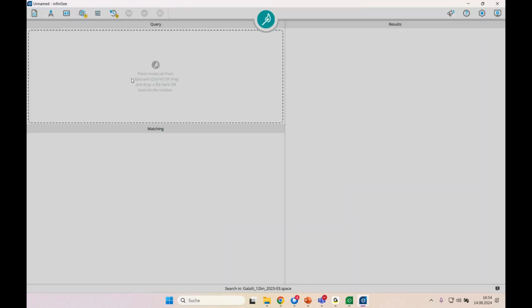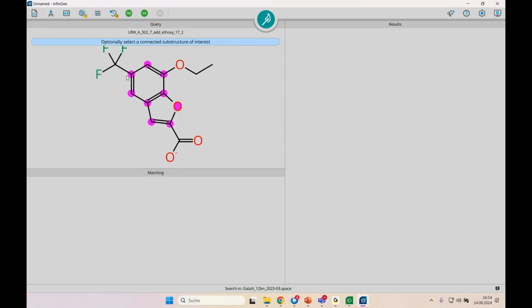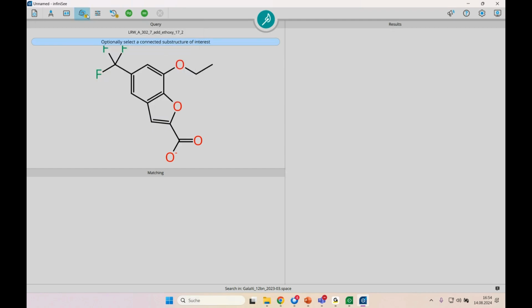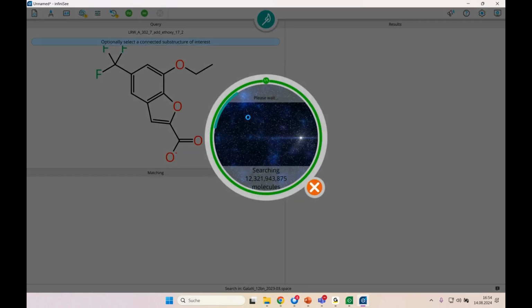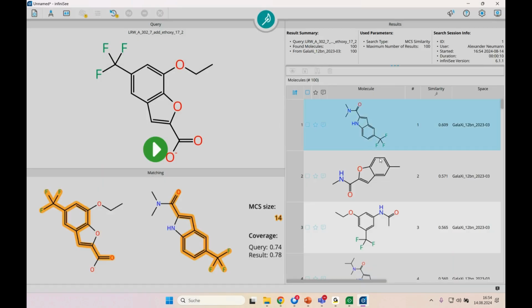I will load my molecule. And I will go with Galaxy because time is running out. And I will do an MCS search, so maximum common substructure. So to be fair, this arrangement is not very popular.